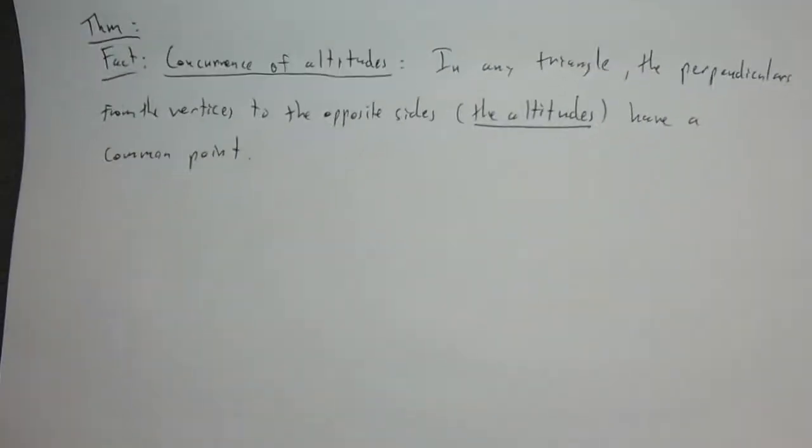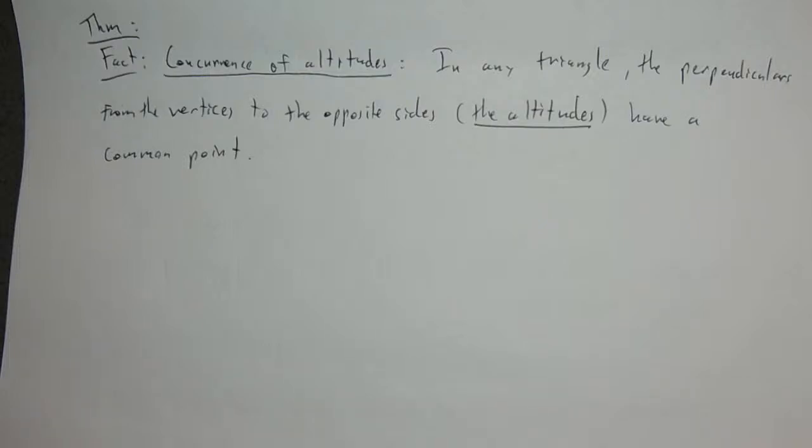If you try to think about this for a second in your mind, as I said, this is unlike the concurrence of medians, which you might view as kind of intuitive. This is less intuitive. So what do I need to make this happen?